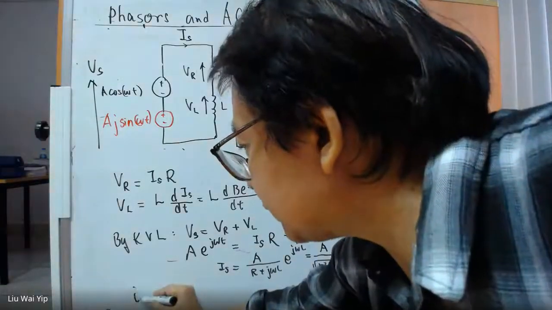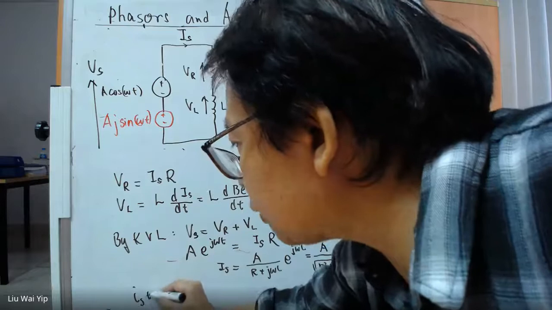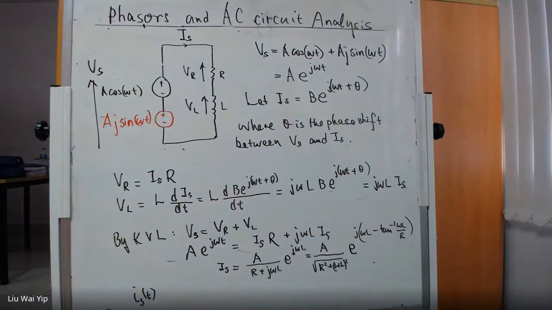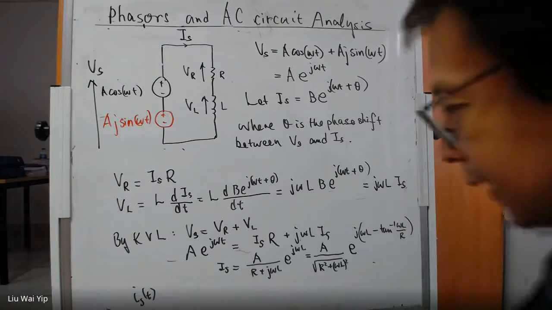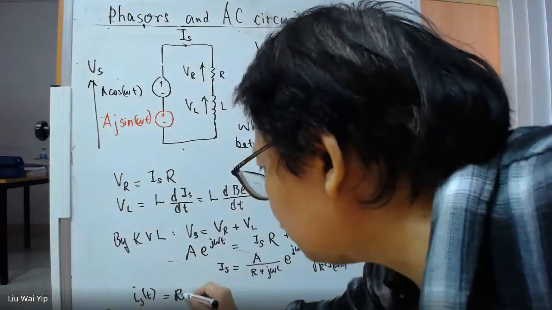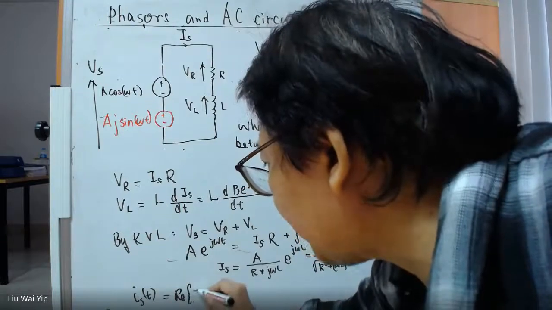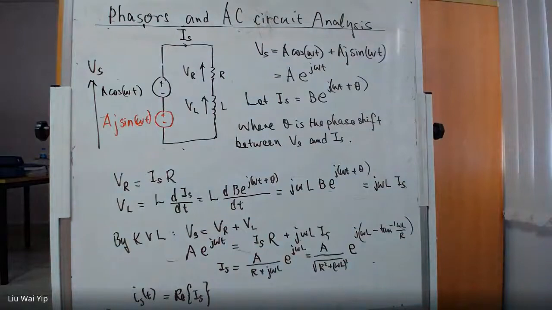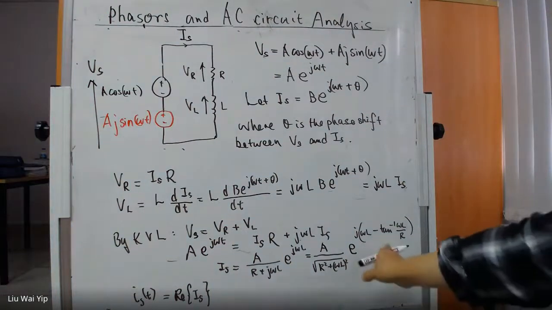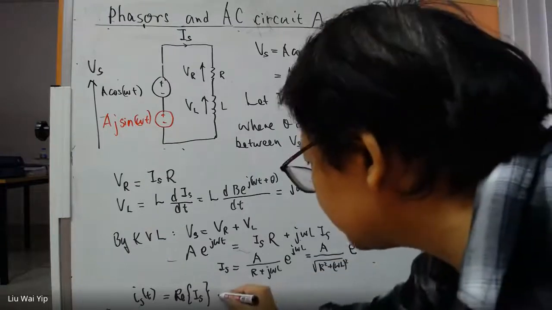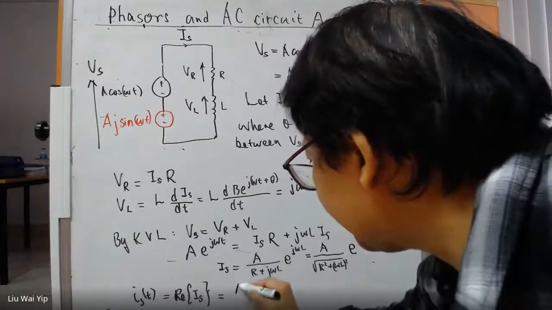So for instance, the time domain is small letter i of t. Then we have already learned that this is going to be the real part of Is. And finding the real part of this expression is very trivial.